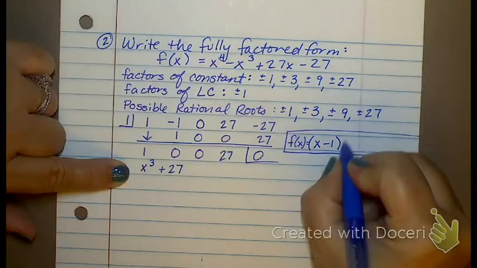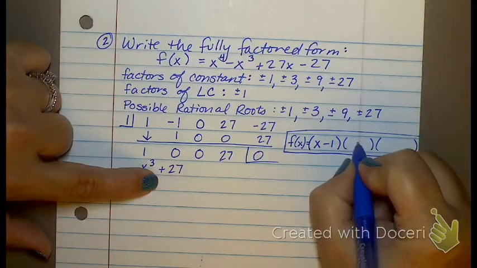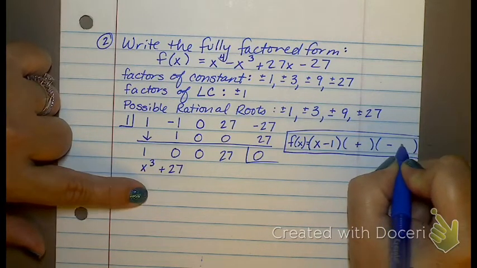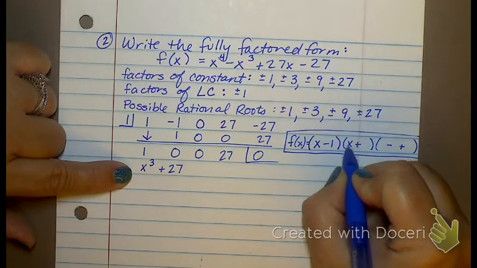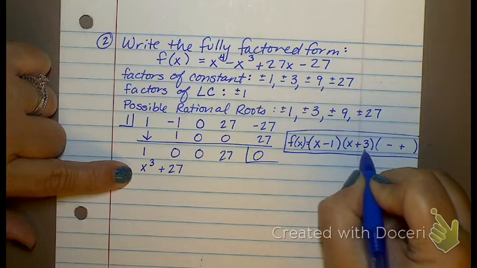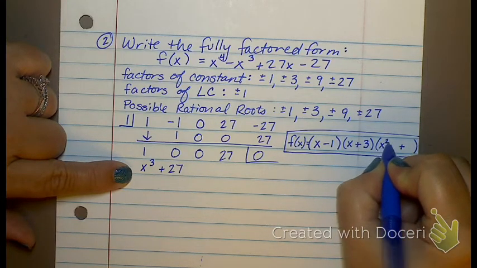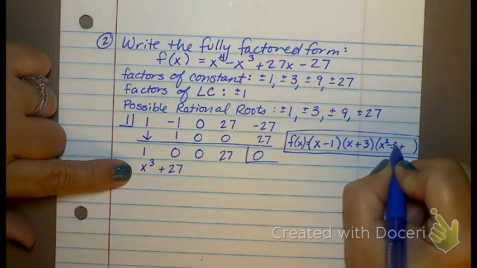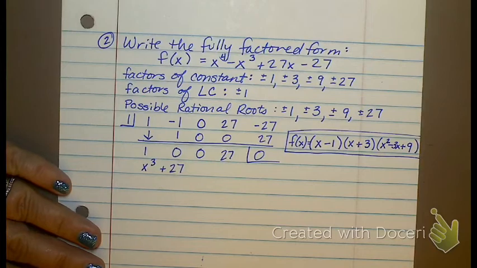So I can do my small parentheses, big parentheses. Same, opposite, always positive. Sorry, I'm squishing in here. What's the first parentheses going to be? X plus 3. And the next one? X squared minus 3x plus 9. There's my fully factored form.